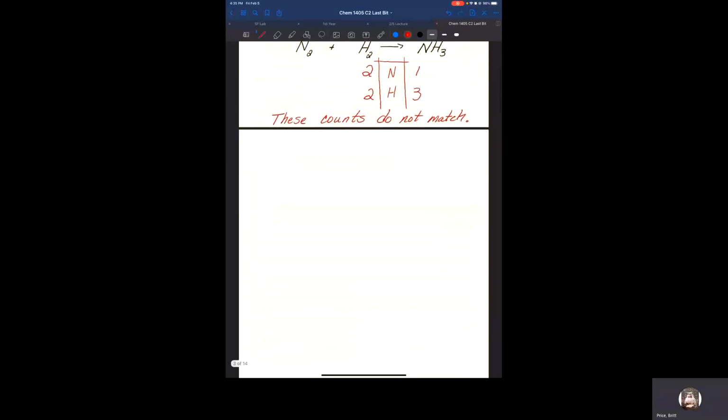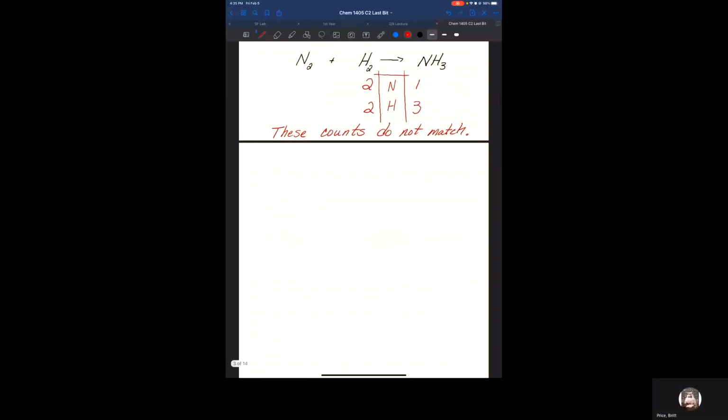Because they don't match, indeed, that equation is not balanced.